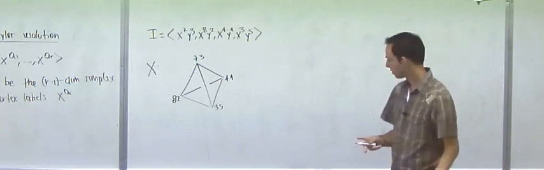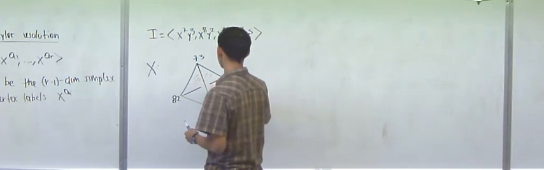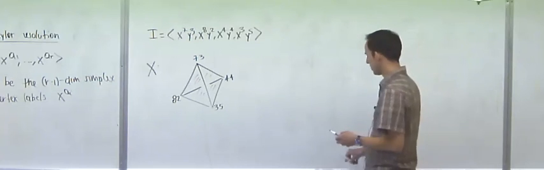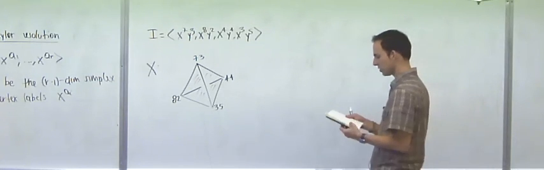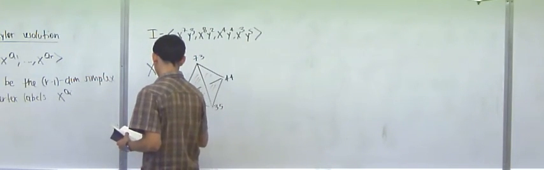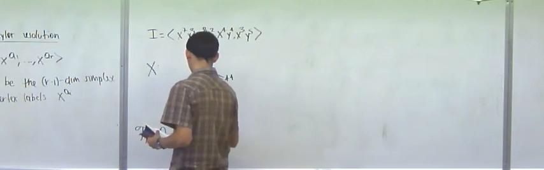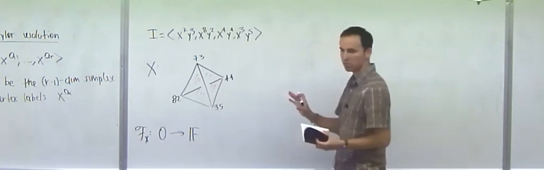And then I'm going to get some resolution out of this. Now this is a full tetrahedron, okay? And this resolution is going to look like this. We get first the 3-dimensional face, there's only one of them.